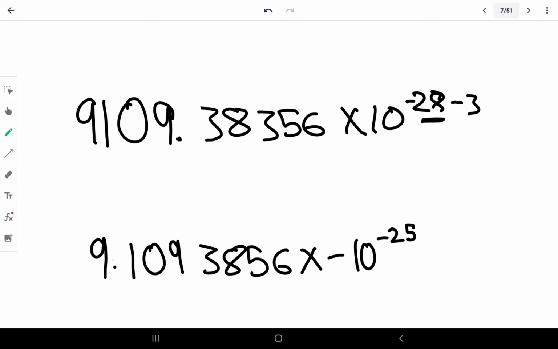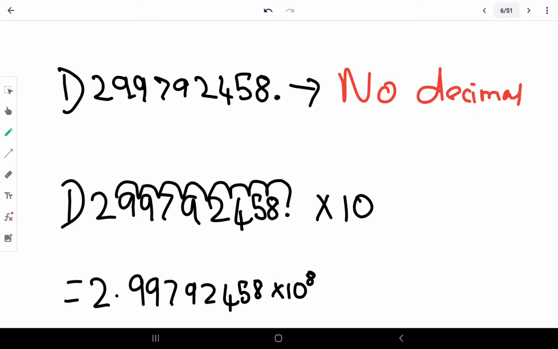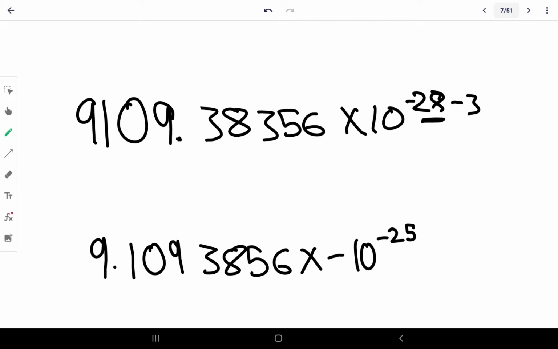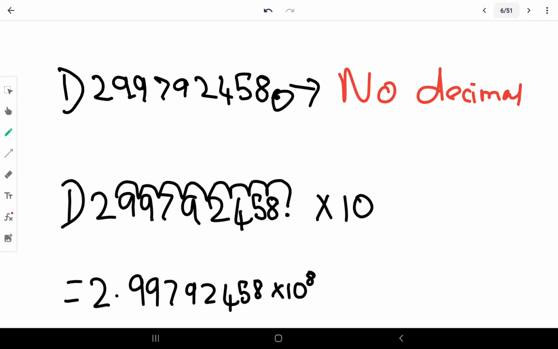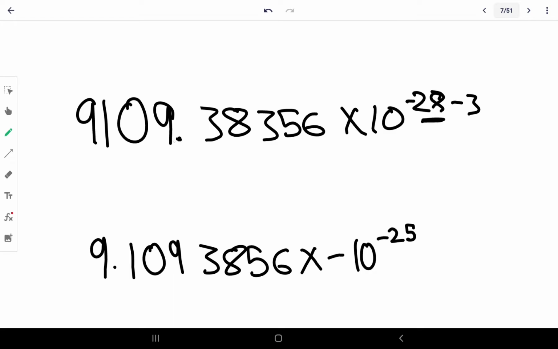Remember, when the decimal point is not shown, you have to imagine it is at the end. But when the decimal point is already there, the exponent moves in the negative direction. In case of a positive digit, it would be plus 3. No, it would be minus 3. If it was plus 28, as we are going this side, it would be negative.